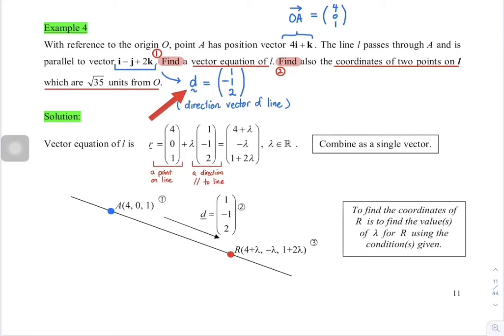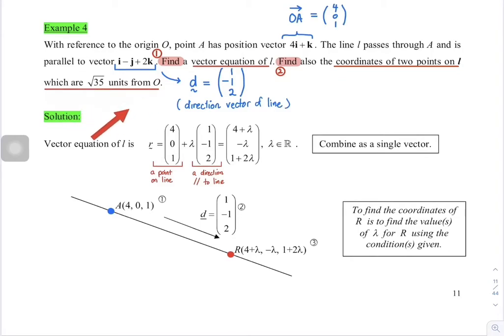For this particular question, we label the direction vector of this line as the vector D. So we're supposed to find the vector equation of this line L, and then the second thing that we need to do is to find the coordinates of the 2 points on the line L itself, such that the distance of those points is square root 35 units from the origin.